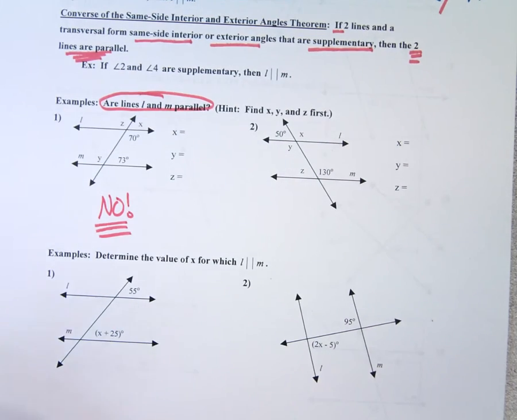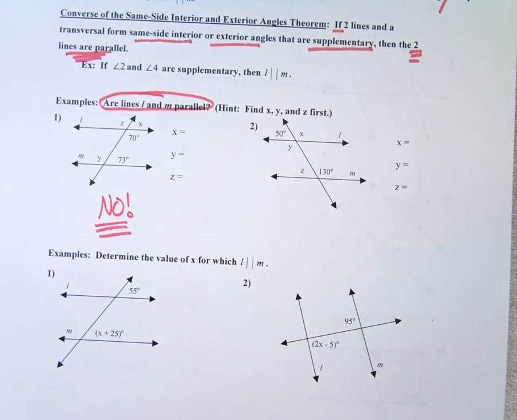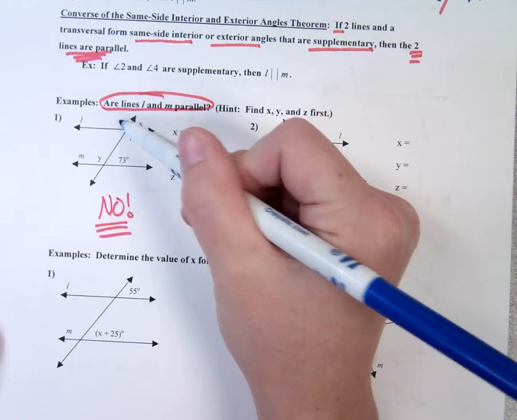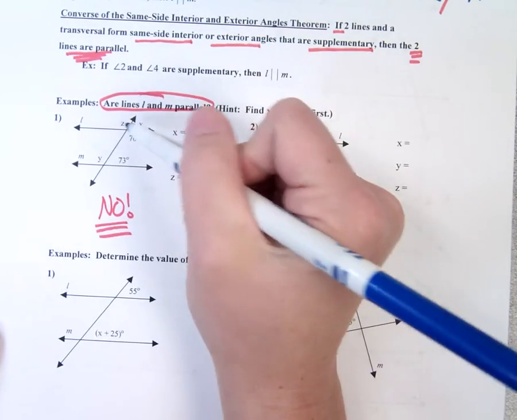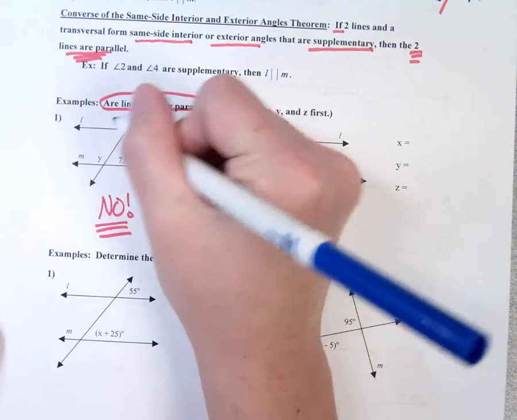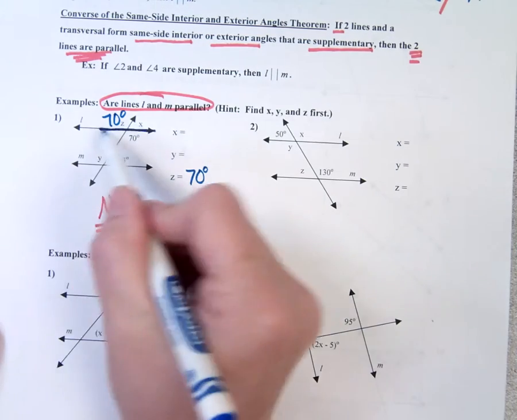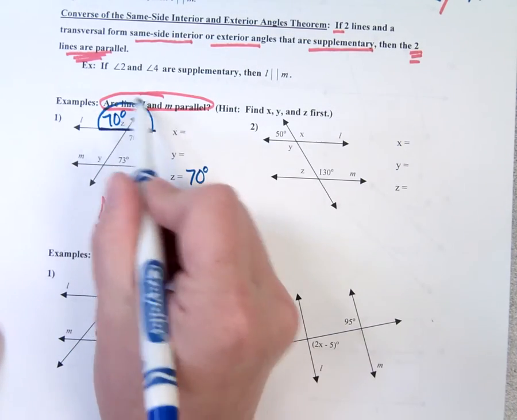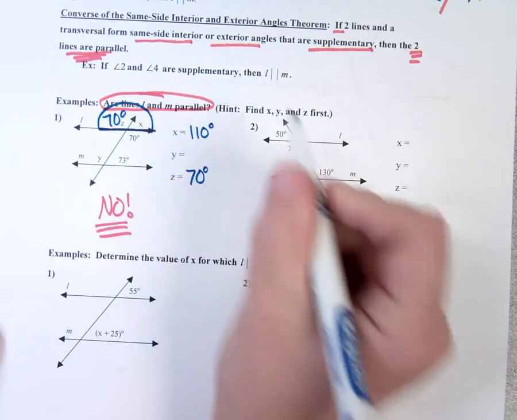But I can go ahead and find X, Y, and Z based off of information I learned in the past. I know that vertical angles are always congruent whether the lines are parallel or not. So I know that Z will be 70 because vertical angles are always congruent. I know that I have a straight line right here, so these two angles add to be 180 degrees, so X would be 110.